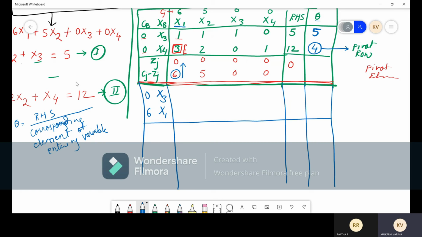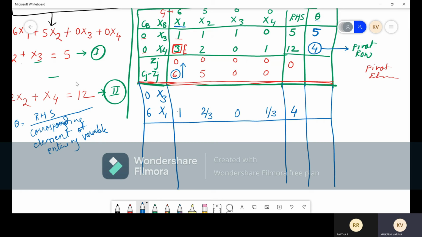So here 3 divided by 3, 1; 2 divided by 3, 2 by 3; 0 divided by 3, 0; 1 divided by 3, 1 by 3; and 12 divided by 3, 4. This is over with respect to x1.